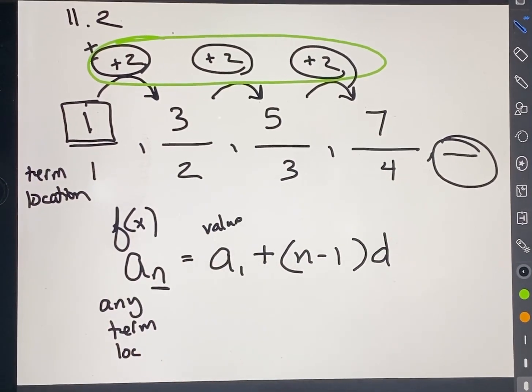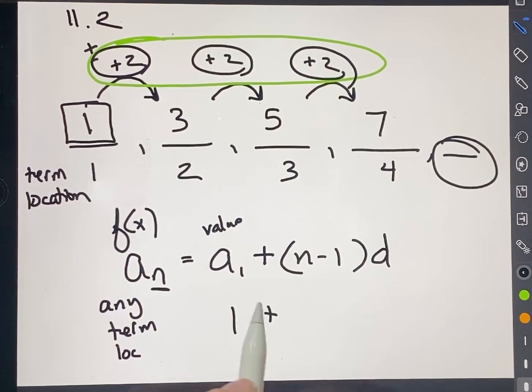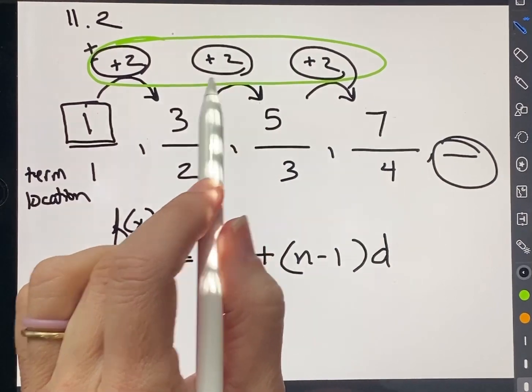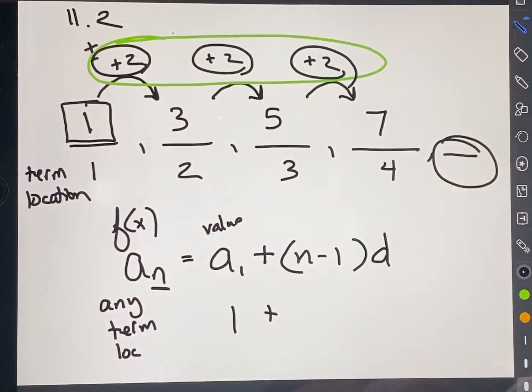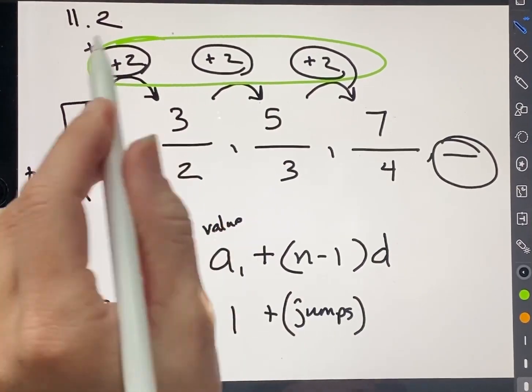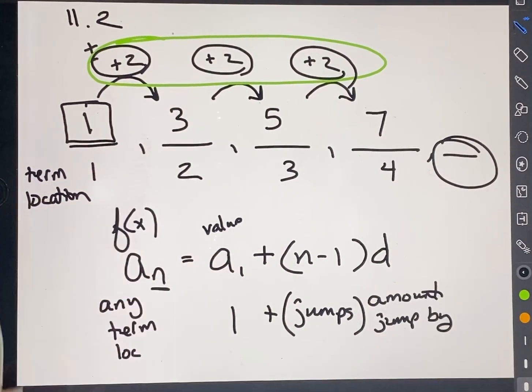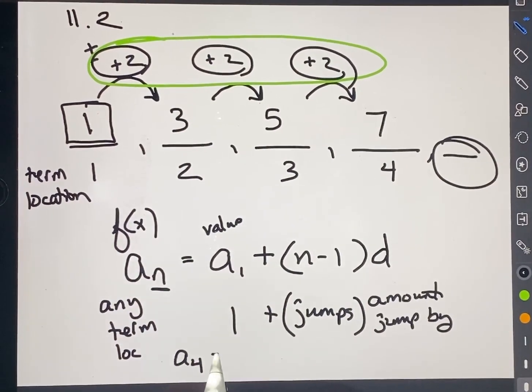of my first location. My value of my first location in this case is 1. And I'm going to add to it the number of jumps that I am making, however many jumps, times the amount I'm jumping by. So in this case, we could say that a sub 4 is equal to 1, that's our very first one.